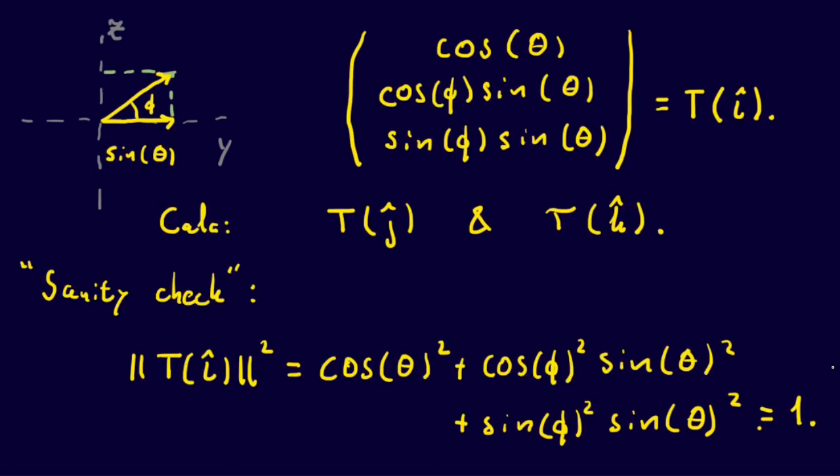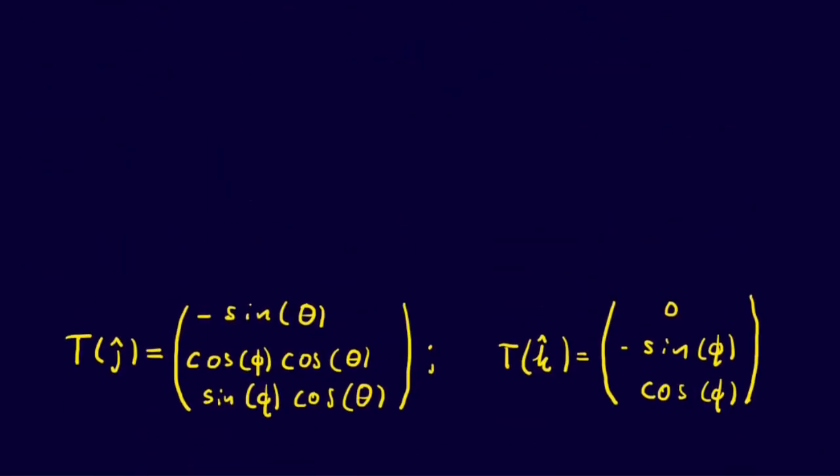Okay, now let's take a look at T of j hat and T of k hat. So here is the result. T of j hat is (minus sine theta, cosine phi cosine theta, sine phi cosine theta), and T of k hat is (0, minus sine phi, cosine phi). So this can be derived exactly analogously to the calculation that I just did before.